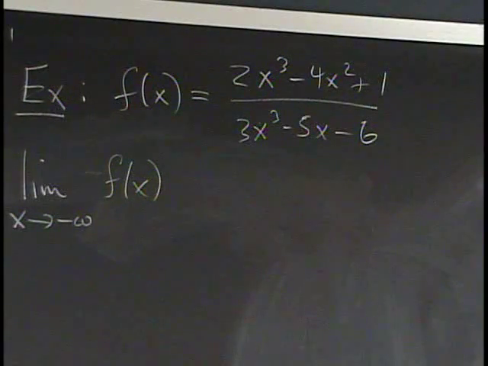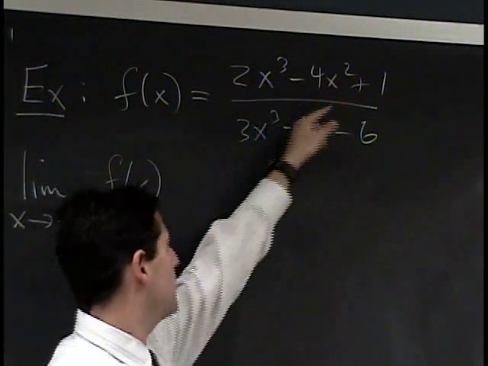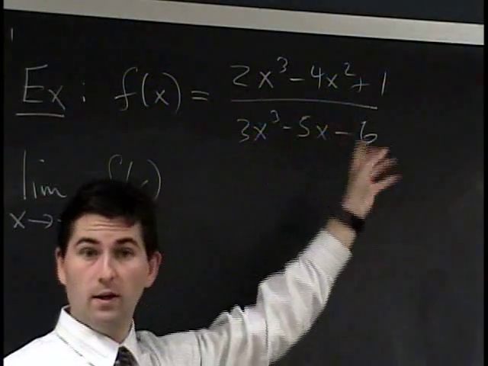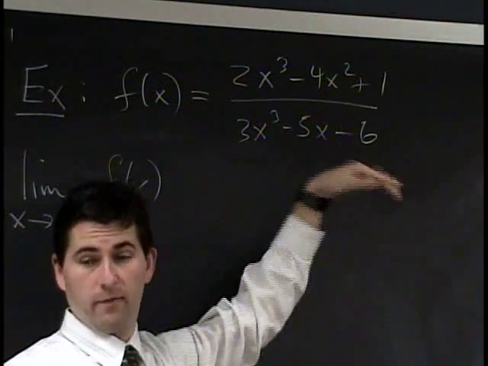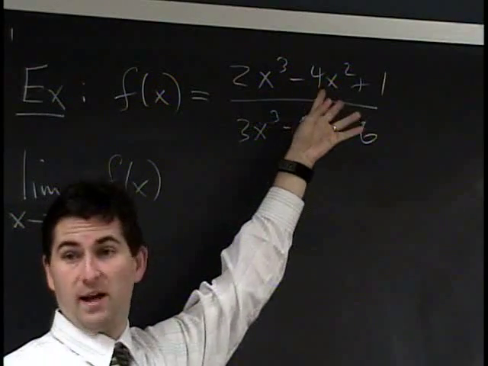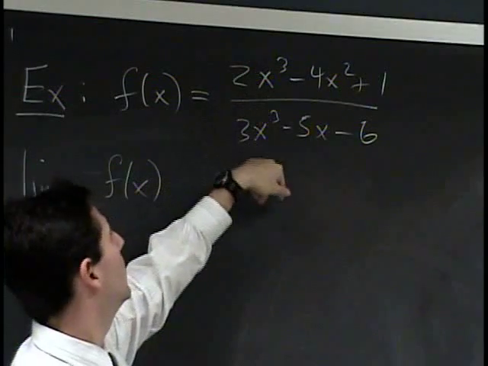Where does the argument come from? Well, a couple ways you can do it. One, if you tried plugging in larger and larger numbers, these things are both going to go to infinity. Or if you put in minus infinity, these things are both going to go to minus infinity. So you could use L'Hopital's rule if you wanted to. You just start taking derivatives.